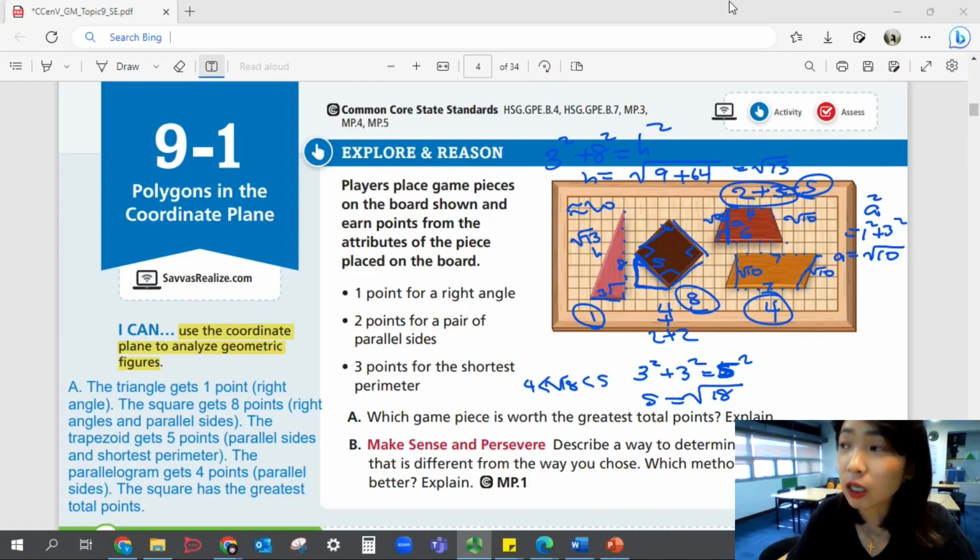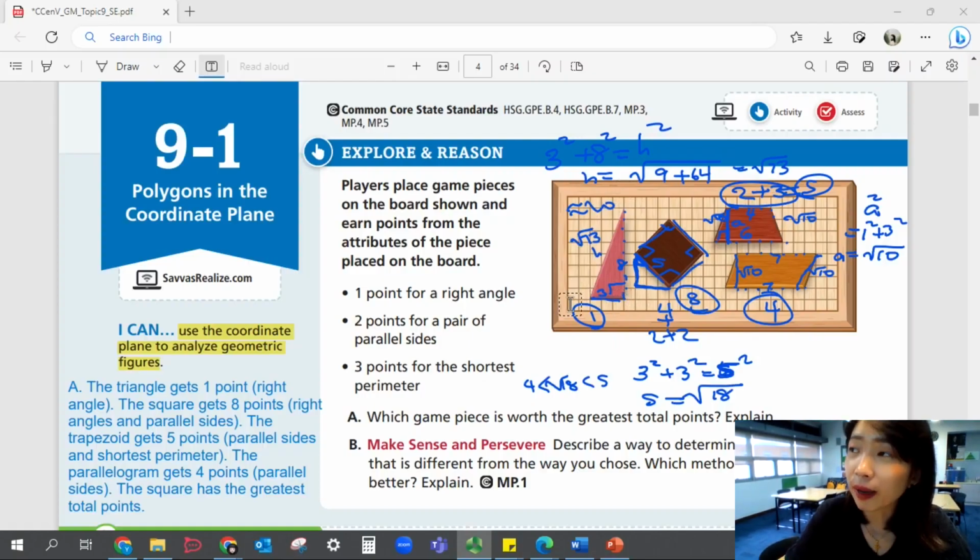Describe a way to determine the perimeters that is different from the way you chose. Which method do you consider better? So this is the way I solve for the perimeters, like using the Pythagorean theorem to solve for it, and then adding all the sides together.